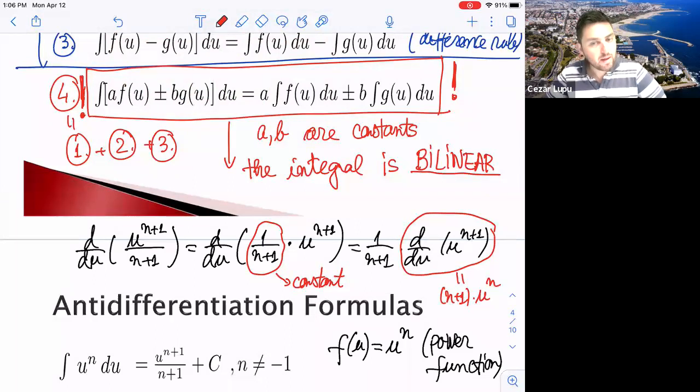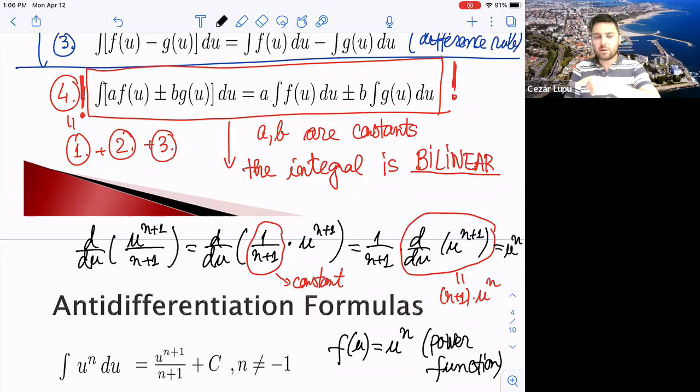Now if we reverse this operation, we can say that the antiderivative of u to the power n is... Look, we started from the derivative of u to the power n plus 1 over n plus 1, and we ended up with u to the power n. Great.